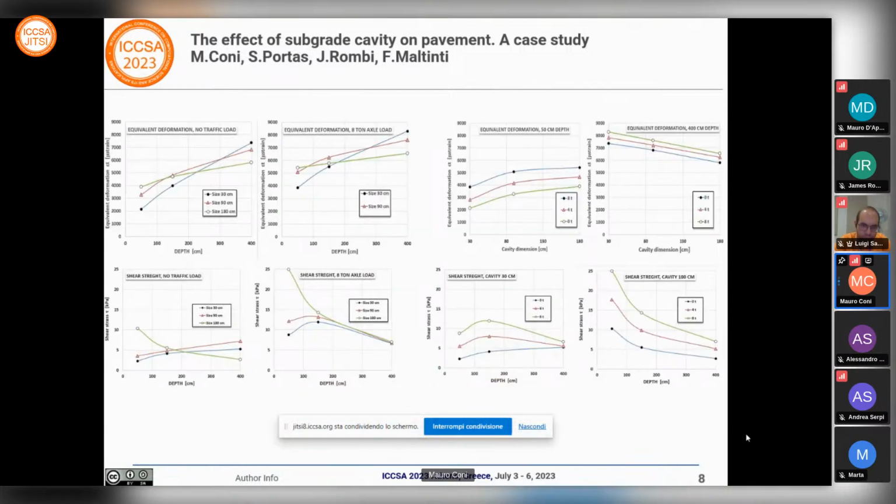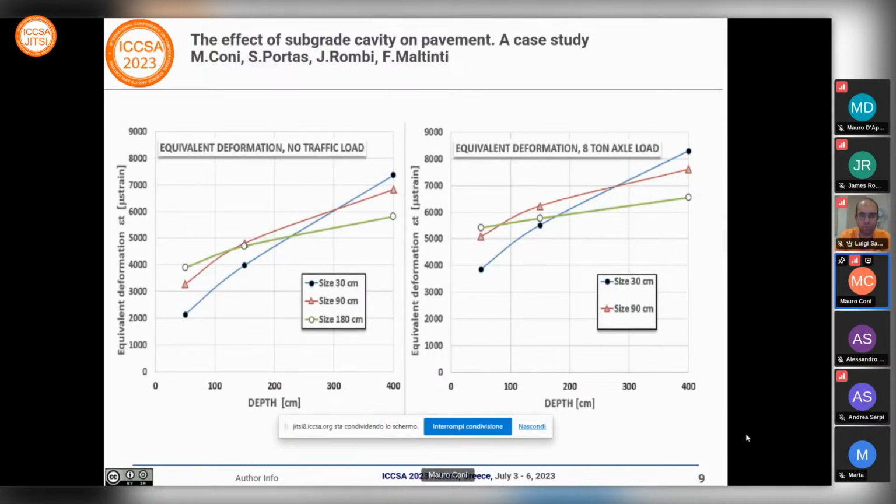The parametric study highlights a lot of behavior of the system. We consider the equivalent deformation near the cavity, and the shear strength that determines the collapse when the shear stress is measured. We comment on just some aspects. The equivalent deformation is not a trivial behavior.